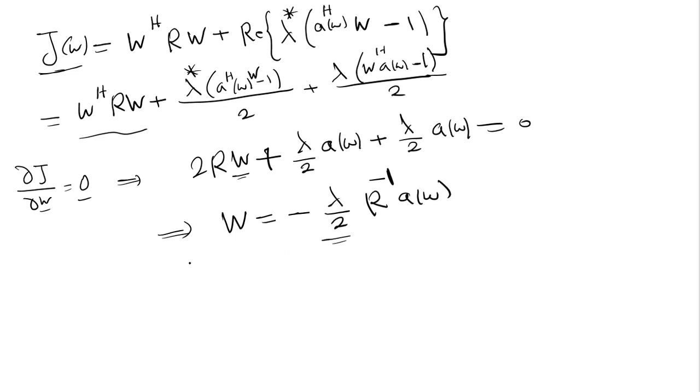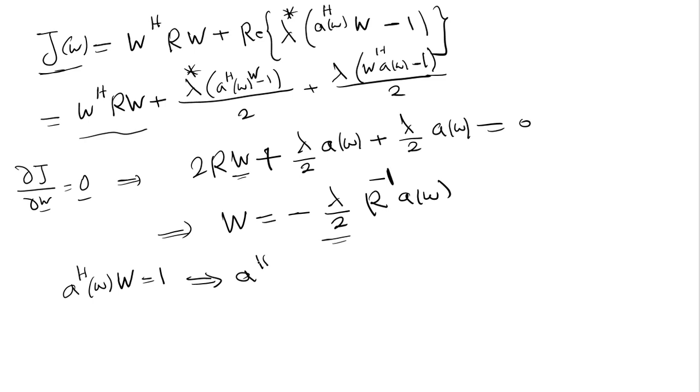Now I can use the constraint to compute lambda over 2. We have A Hermitian(omega) multiplied by W equals 1.